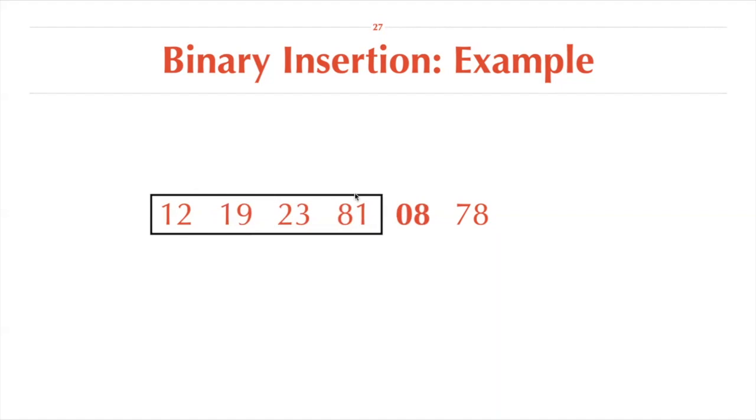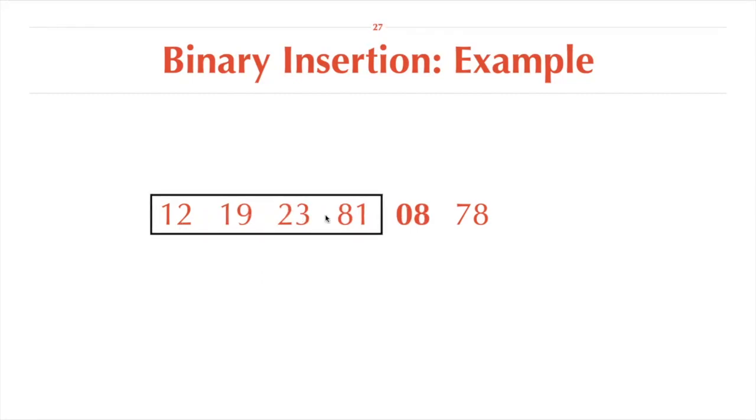Now we have the sorted array of 4 elements, and the same thing, binary search, will be used to insert the element 8. Again we will do the binary search here, and the array will be divided into 2 parts. So 2 elements will be here, 2 elements will be there.